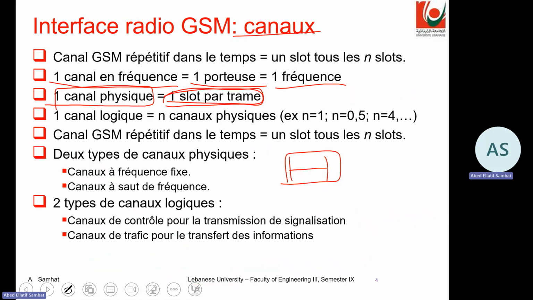If you want to know what a logical channel is, it's a concept for how we want to use the physical channels. If one logical channel equals n physical channels, for example two, this means that I allocate to a user one logical channel mapped to two physical channels.